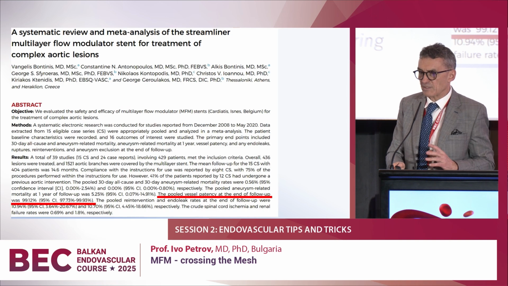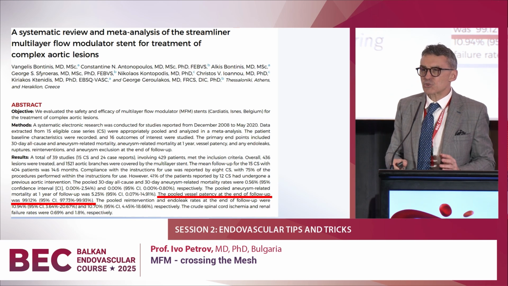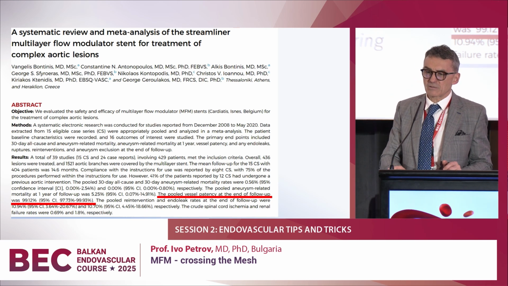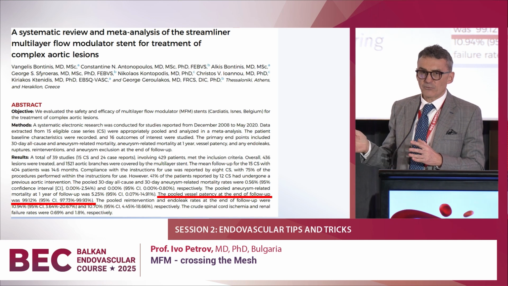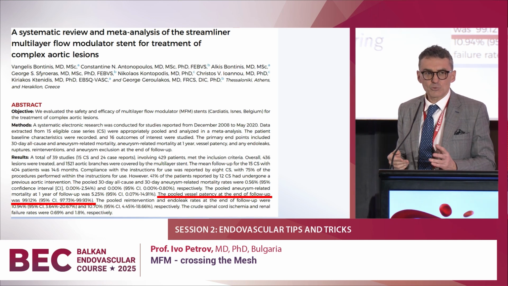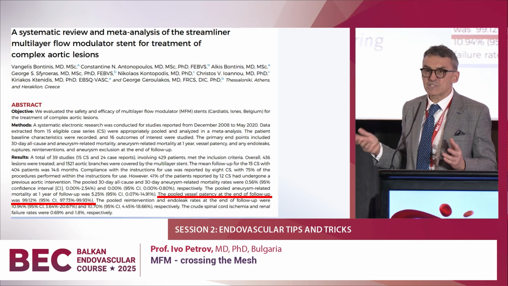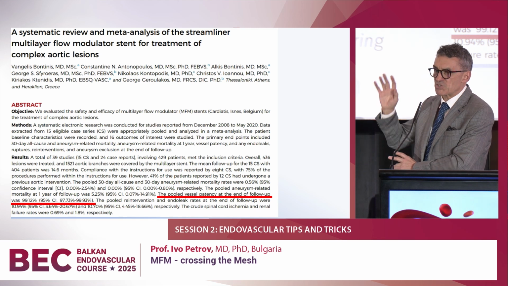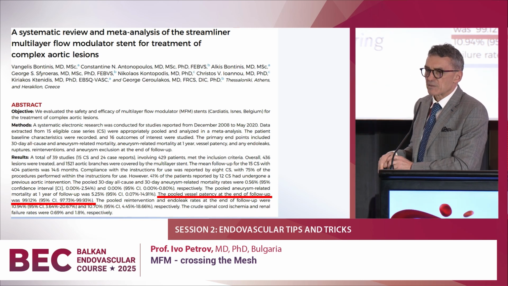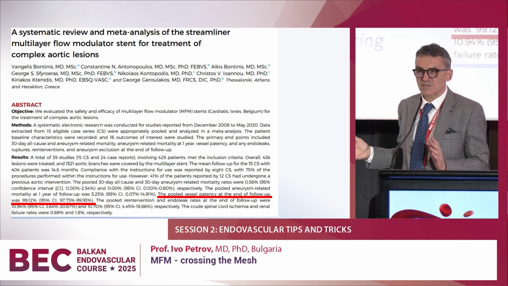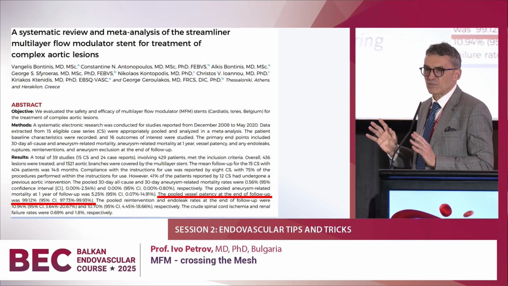The bench tests were showing that the side branches stay open for all the cases in which there is no additional disease. So in case the patient stays without additional atherosclerotic disease, the branches don't suffer any reduction of the flow.